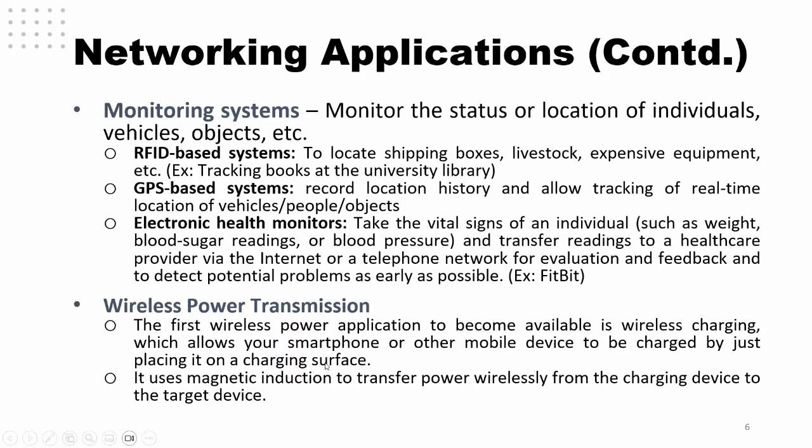Another application of networking technology is wireless power transmission. With all the wireless charging devices, you can keep your phone on a certain device, and without any wired connection, your phone gets charged. The power is transmitted wirelessly from that wireless charger to the mobile device. So that is also another application of networking.